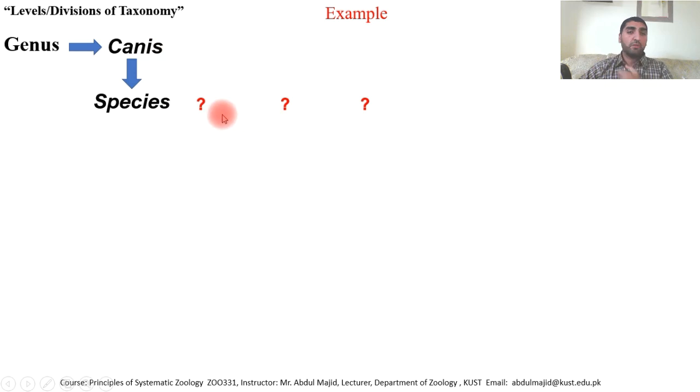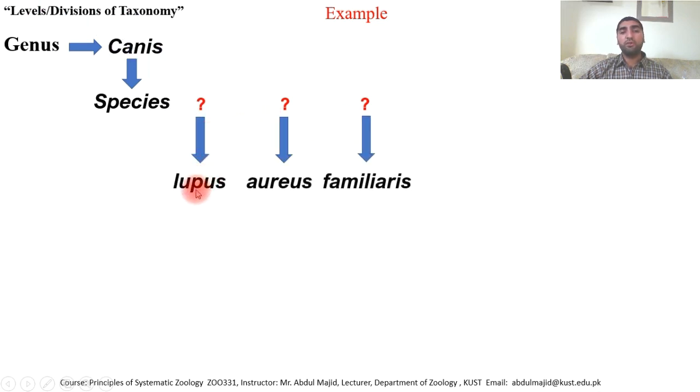What do you do? The scientist will study the characters of this species, then this species, and then this species, and on the basis of those characteristics he will discriminate these species, and after discrimination and characterization he will name them. For example, he named the first one lupus, the second one aureus, and the third one familiaris.